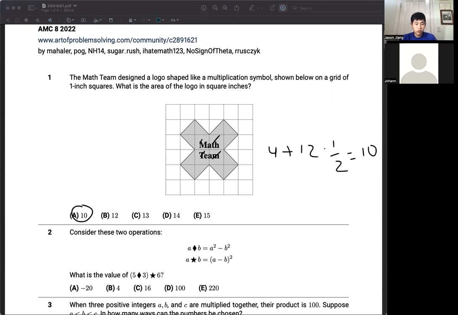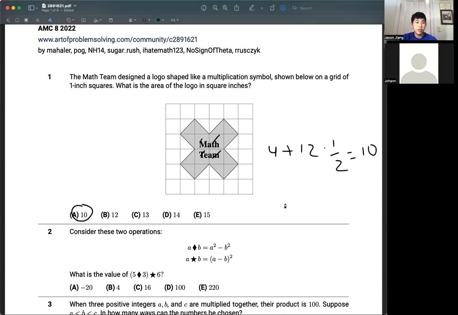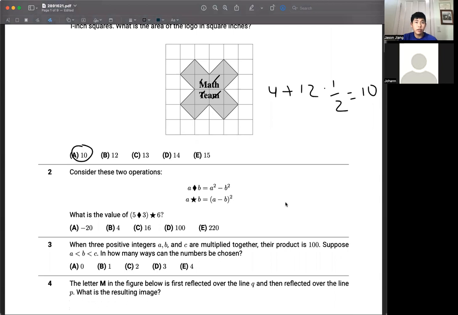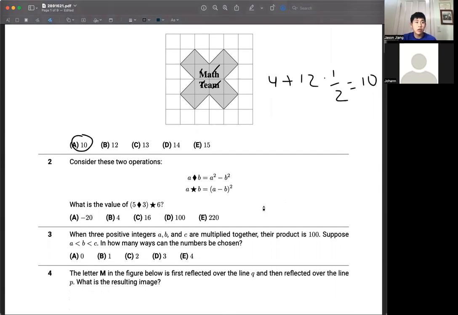Okay, on to problem number 2. We are asked to consider these two operations, star and the diamond. We're asking for the value of 5 diamond 3, then star 6. So we're just going to directly apply the operations that they give us. 5 diamond 3 would be 5 squared minus 3 squared.